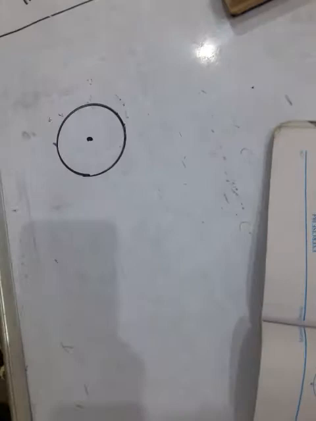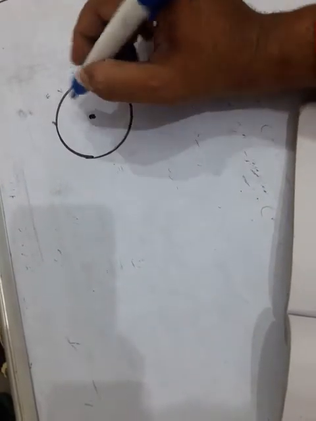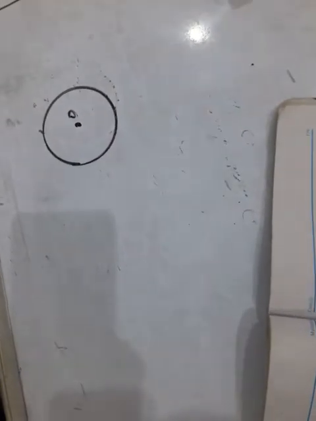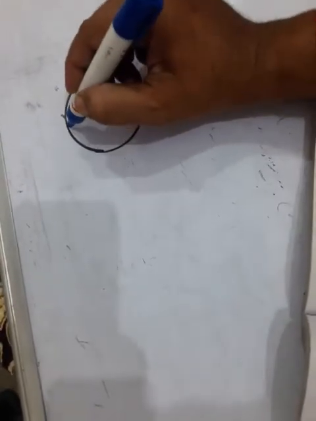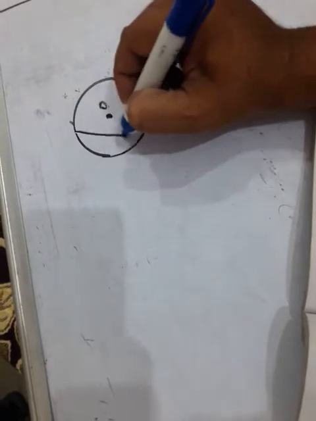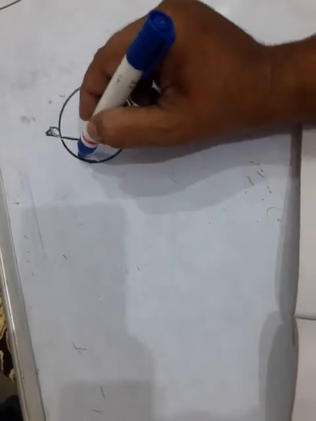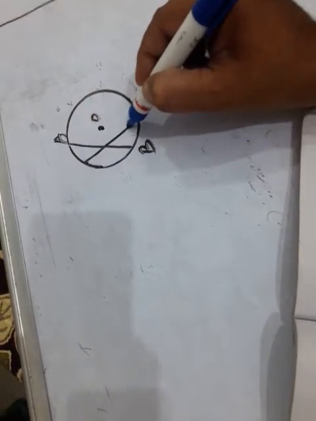Let us draw a circle, this circle is there with center O. If two equal chords of a circle intersect within the circle, notice that the chords are equal and intersect each other within the circle.